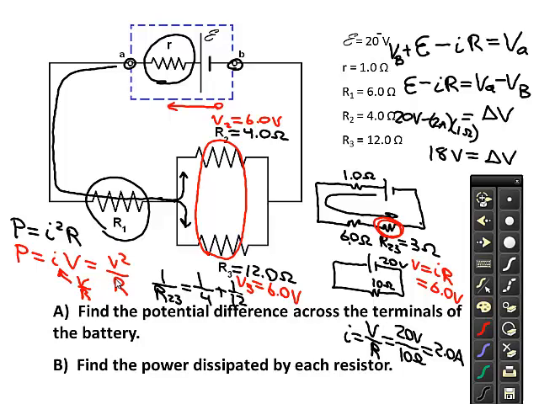We can stop there and now stick that into our power equation to figure out the power dissipated by each of those guys. So we know the top one is 6 volts, 4 ohms. The bottom one is 6 volts, 12 ohms, and we can do a quick power dissipation. And notice the power dissipation of the bottom resistor, R3, has got to be less. Makes sense. There's less current traveling through him.